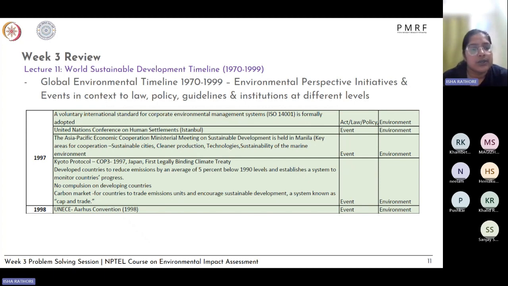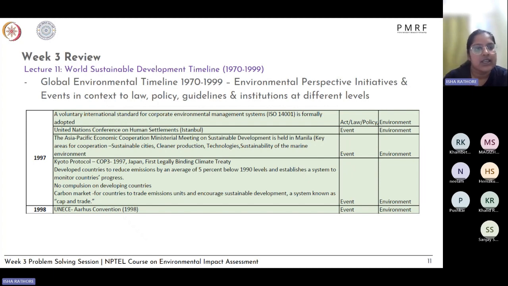In this, the developed countries said they are going to reduce their emissions by an average of 5% below their 1990 levels. And they are going to establish a system to monitor their countries' progress, that is, how much reduction in emissions has been achieved compared to the 1990 levels. There was no compulsion on developing countries, but the developed countries have to meet this reduction of 5% from their 1990 levels.